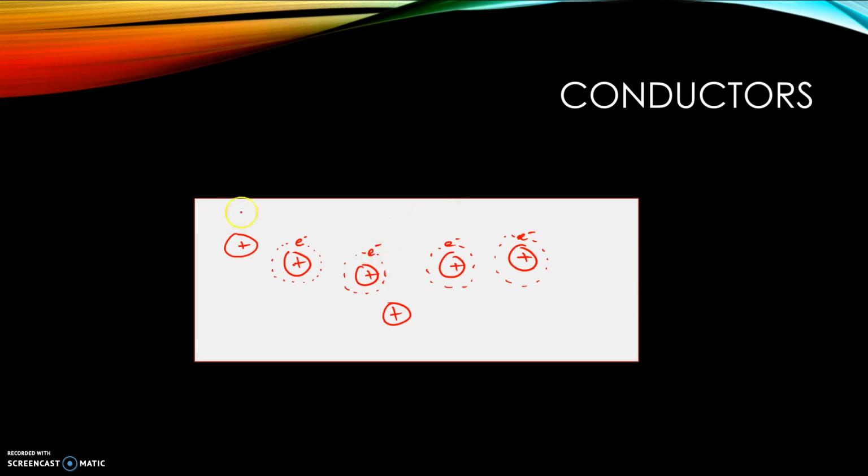If you give this a little bit of a push, and an electrical push is a voltage, because these electrons are loosely held, they can start moving through the material. Maybe there will be a high voltage on this side and a low voltage on the other side. We'll talk more about voltage later on in the course, but for right now, I just want to make the point that the electrons are loosely held.